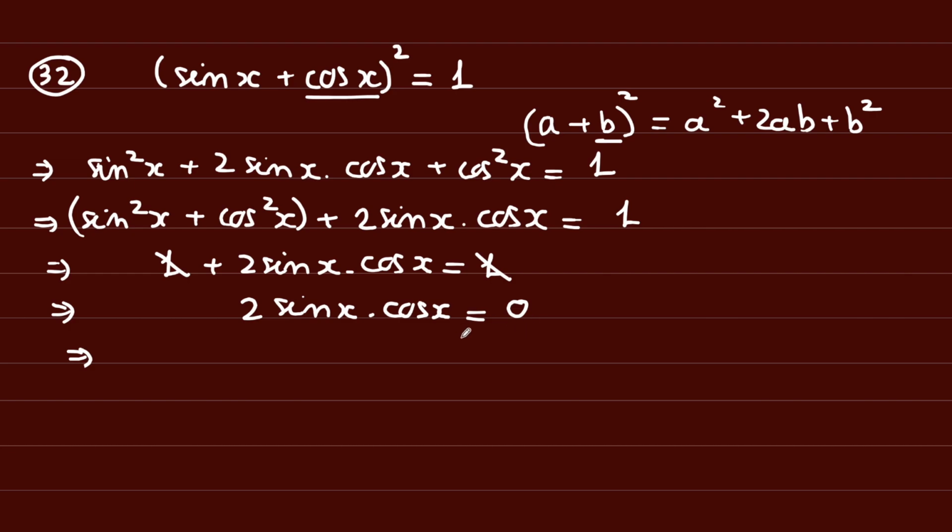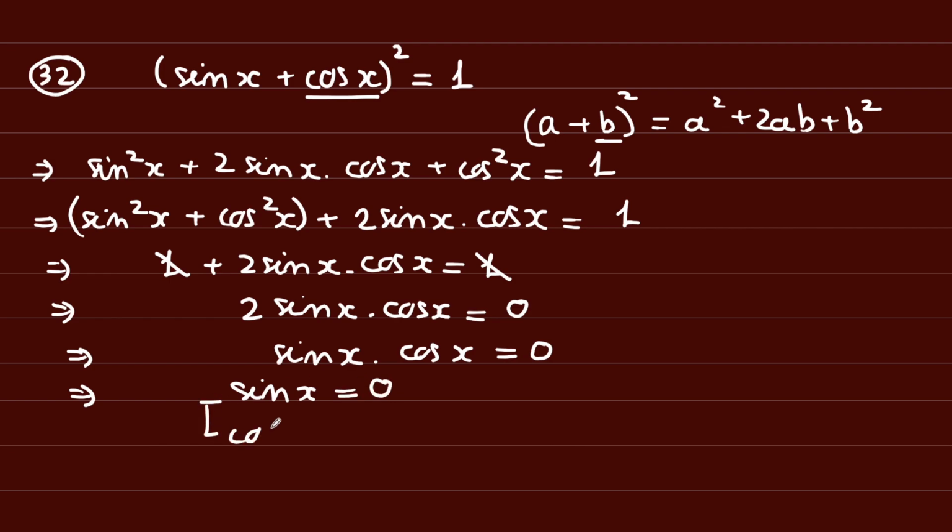That means sine h multiply cos h equal to 0. This corresponds to two cases. The first case is sine h equal to 0, and the second one is cos h equal to 0. Now you have trigonometric equation 1 and trigonometric equation 2. Let's start with equation 1 first.